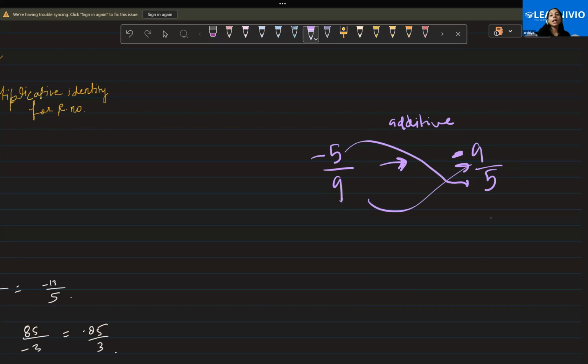We will never keep the negative sign in the denominator. Even if there is only one negative sign in the denominator, it automatically goes to the numerator, right?